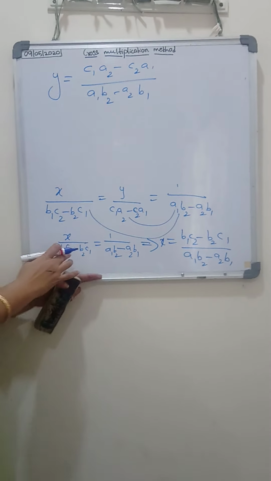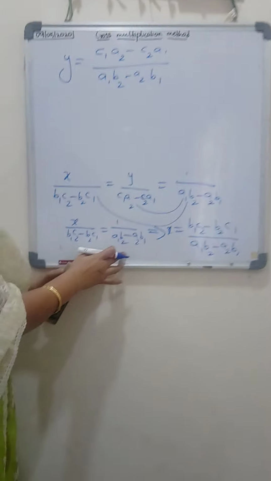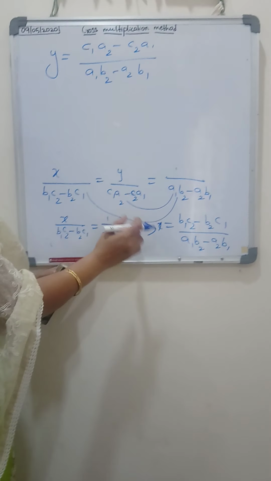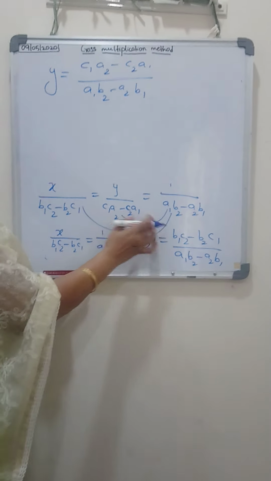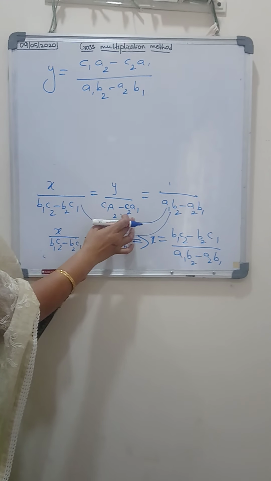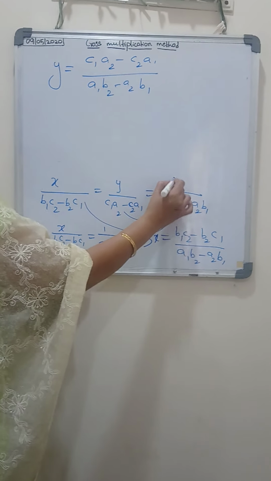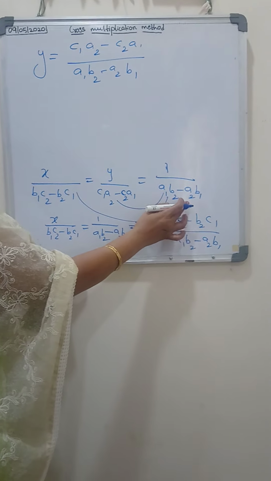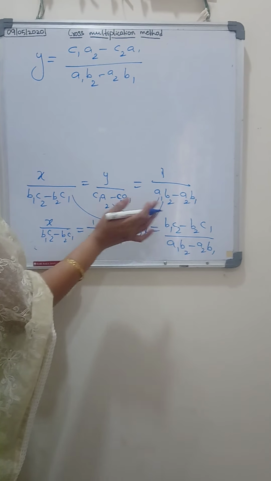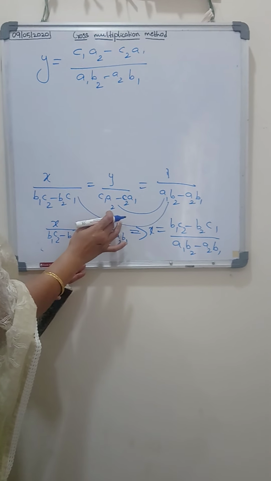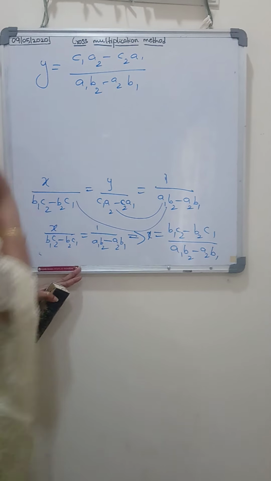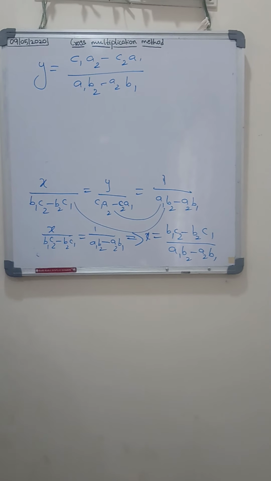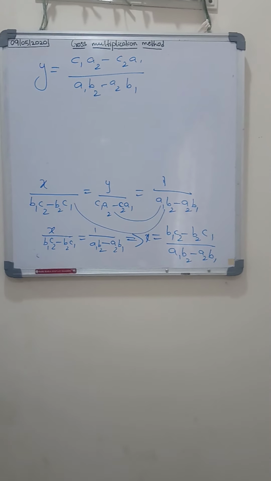So first you equated x to constant and you got the value of x, children. Next you equate these two, last two, y by c1 a2 minus c2 a1 equal to 1 by a1 b2 minus a2 b1, children. On equating you are taking denominator term of y to the RHS side, you got the value of y, children.